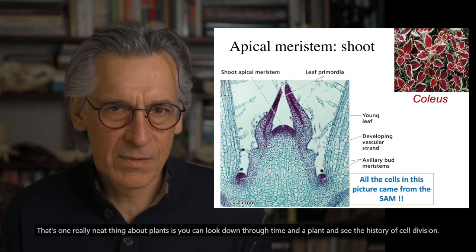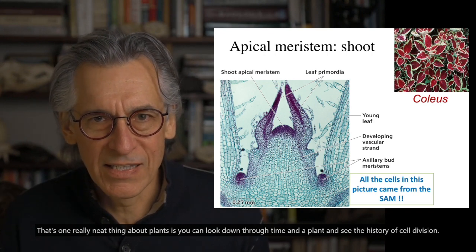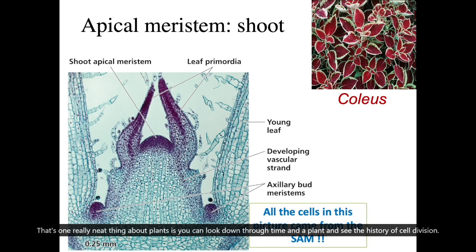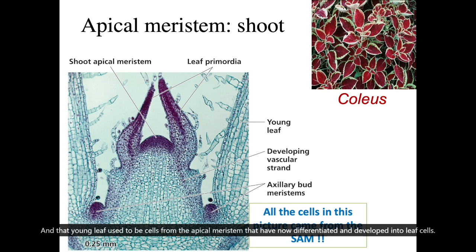That's one really neat thing about plants, is you can look down through time in a plant and see the history of cell division. So you can see a young leaf on the right, it's labeled here, and that young leaf used to be cells from the apical meristem that have now differentiated and developed into leaf cells. And there are other cell types.